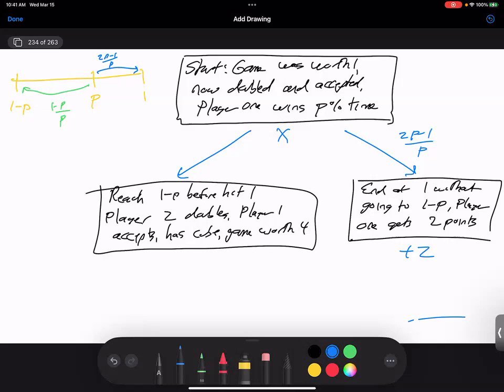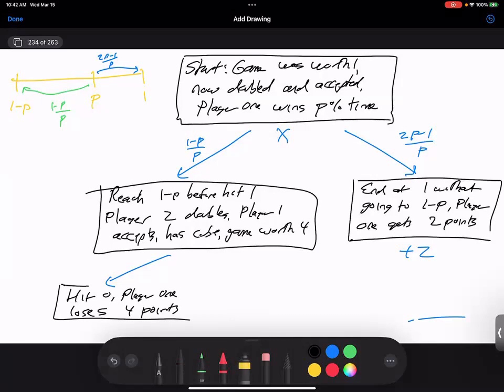And this happens with probability 1 minus P over P. Now, what could happen from this point? Zero first, or the other. Good. So here we hit 0. Player 1 loses 4 points. So in terms of the expected value, this would be a -4.